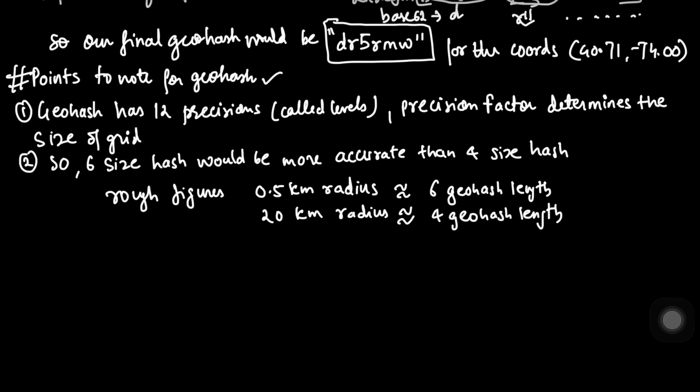So basically, the longer the length of the geohash string, the more accurate the grid size is. The deeper we move into any kind of map or geographical data, the longer the length of the geohash is.